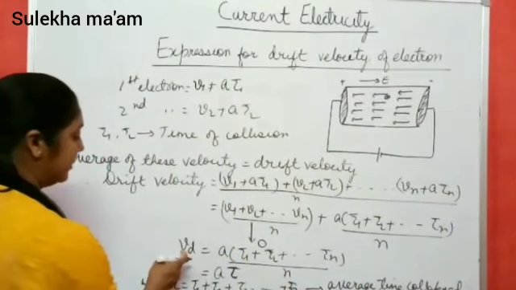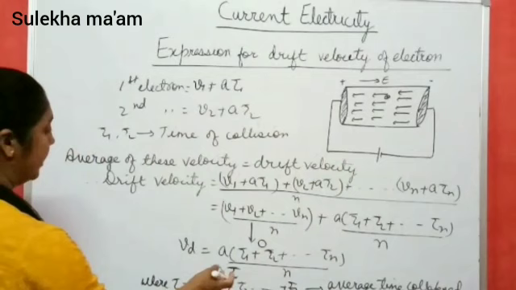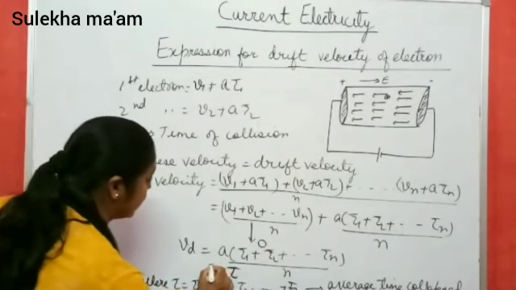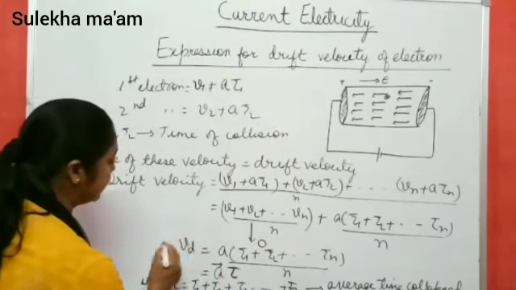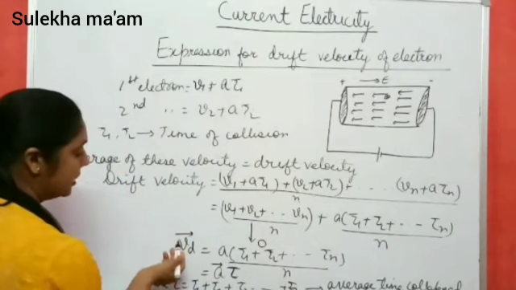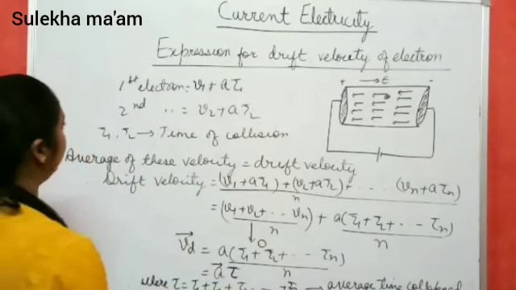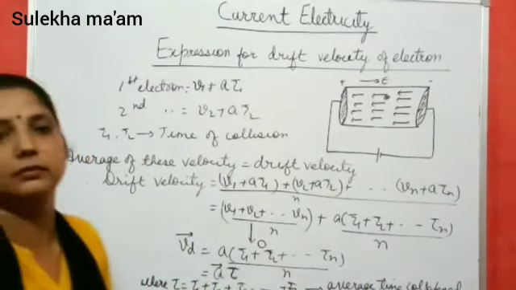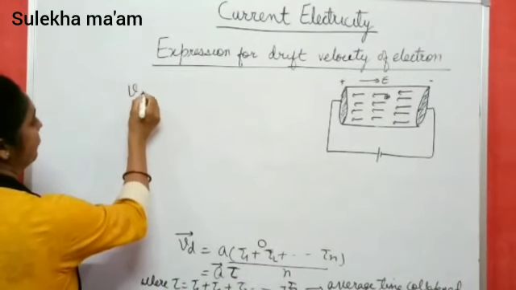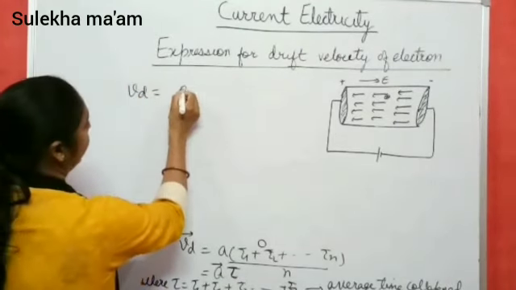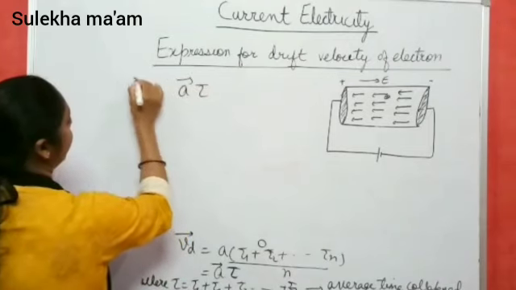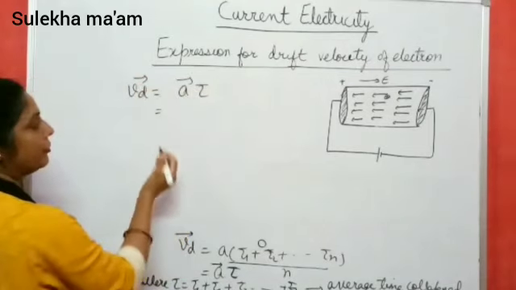So you can write Vd equals A tau in vector form. A is acceleration, and velocity is also a vector quantity. So the final expression for Vd becomes A tau. And what is the formula for A?